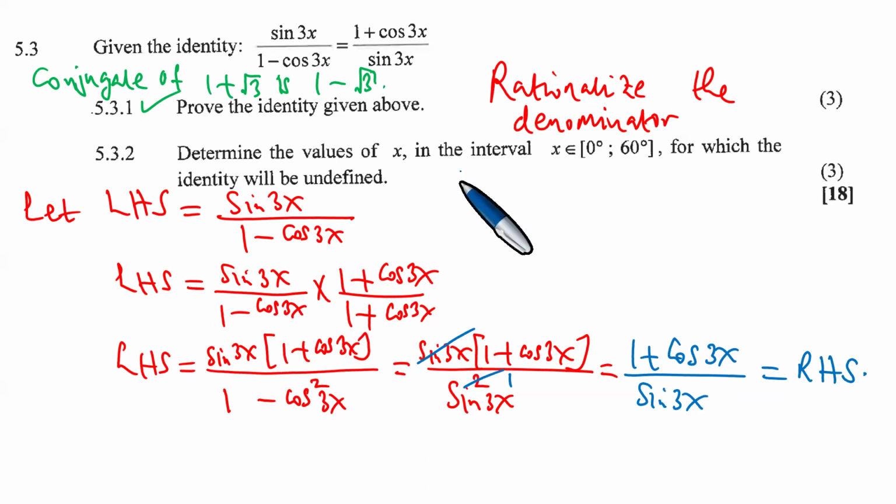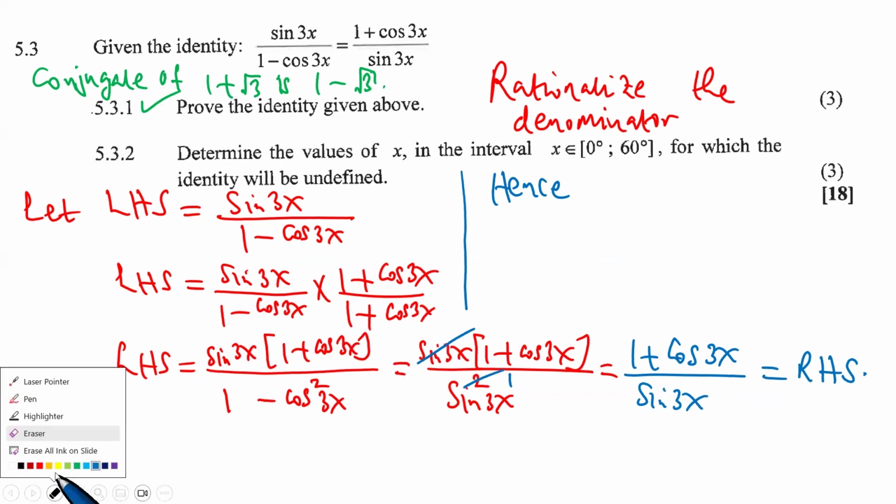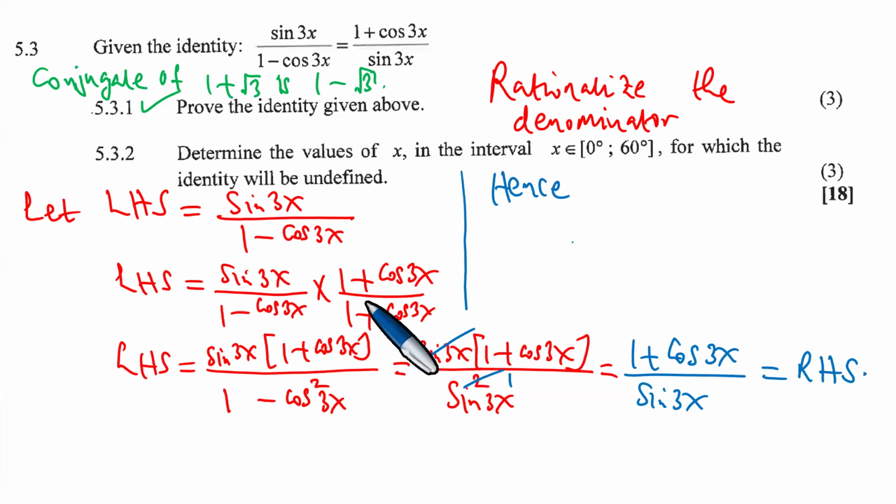And so we can conclude and say hence the left and the right are equal to each other. Hence the left-hand side equals the right-hand side of the trigonometric equation.